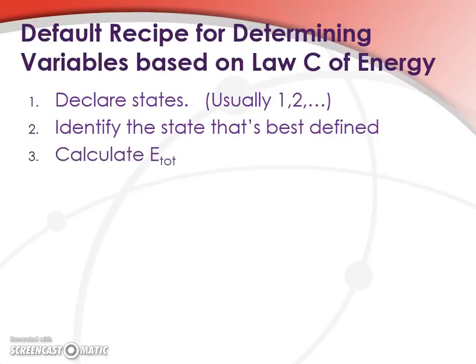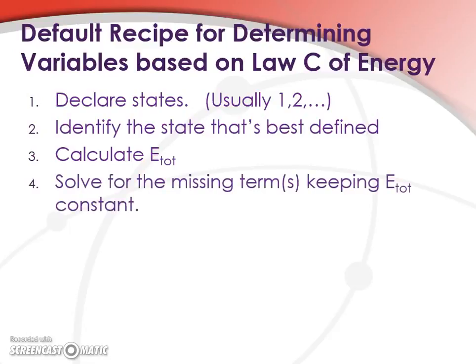If at all possible, we're going to calculate the total energy for the system using a single well-defined state. And then once we've done that, we can solve for any missing terms by keeping the total energy constant. Again, our expression of E total being constant, and knowing that we only have two terms for our mechanical systems.